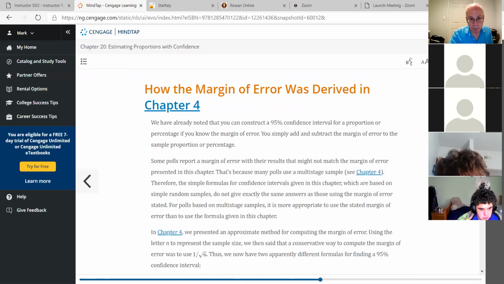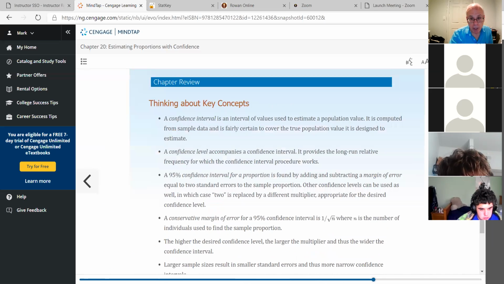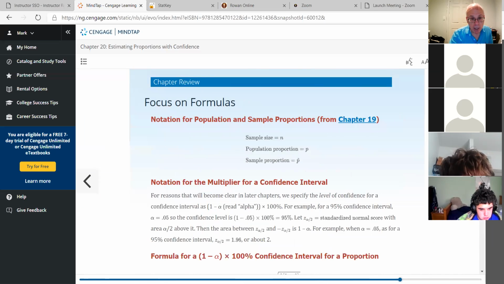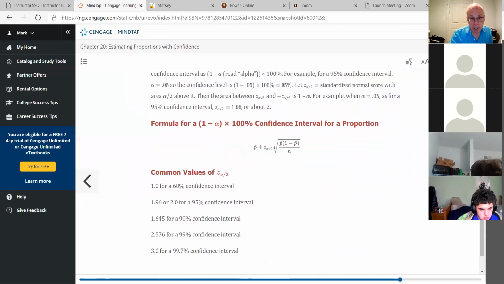But we're not going to do that. Then they talk about how it's derived, and we're not going to do any of that either. At the end of the chapter they have formulas, as at the end of each chapter, and again it looks complicated, doesn't it? This is the formula for our confidence interval. So let's forget about this for a second.